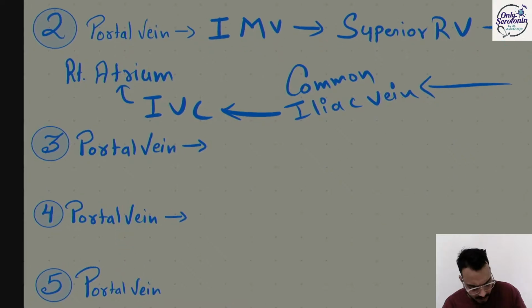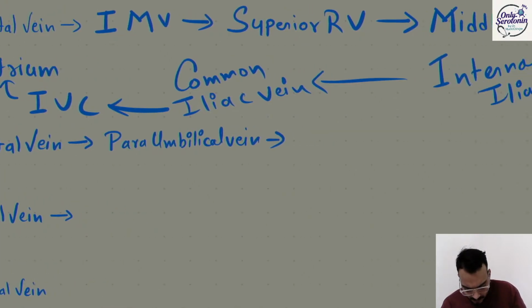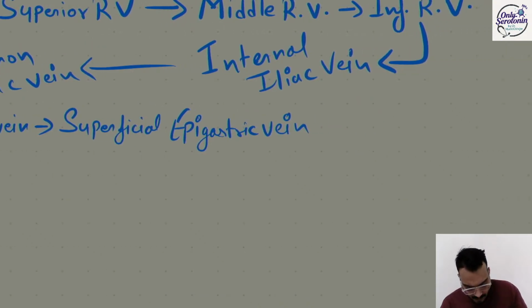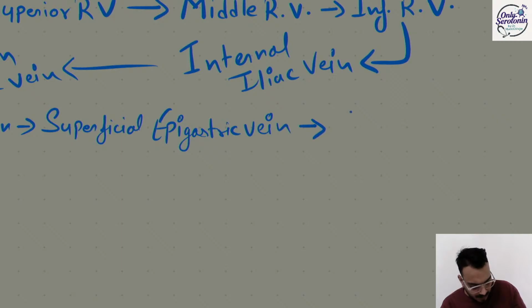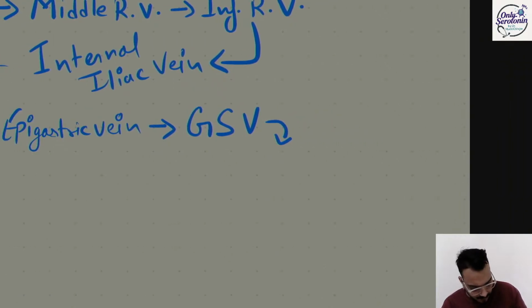The third one is what, guys? The third one is from portal vein the blood is going into para umbilical vein. From para umbilical vein it is going into superficial epigastric vein. Then from superficial epigastric vein it is going into great saphenous vein. From great saphenous vein it is going into femoral vein.